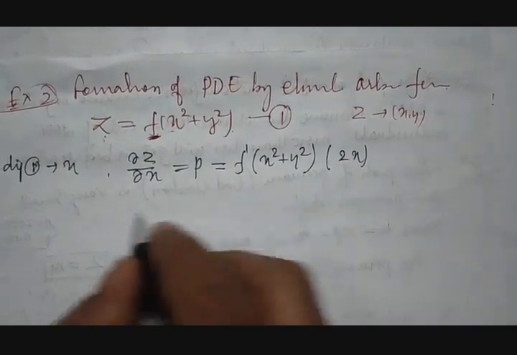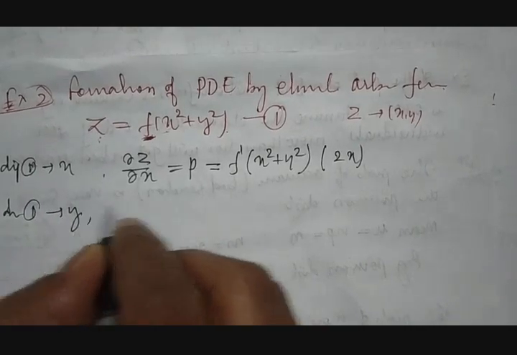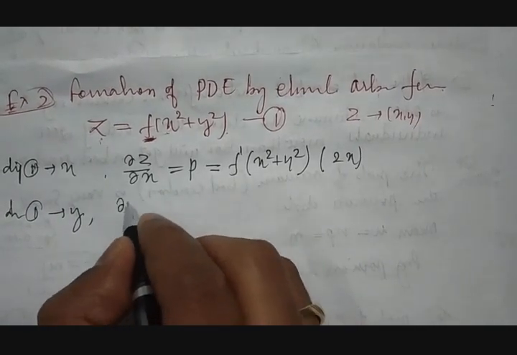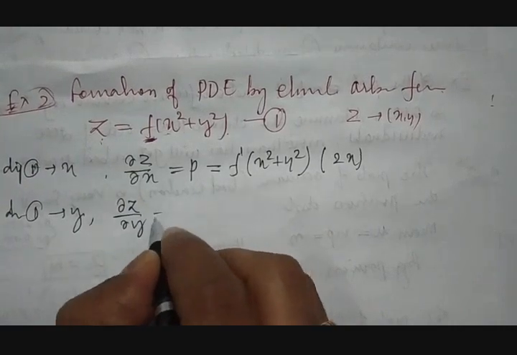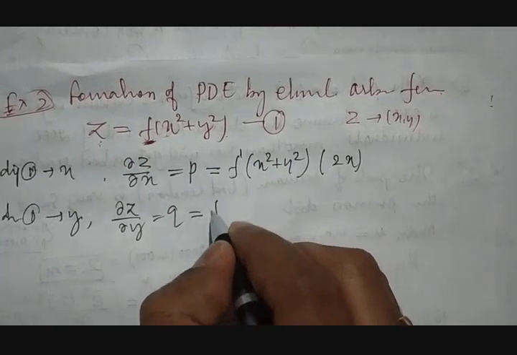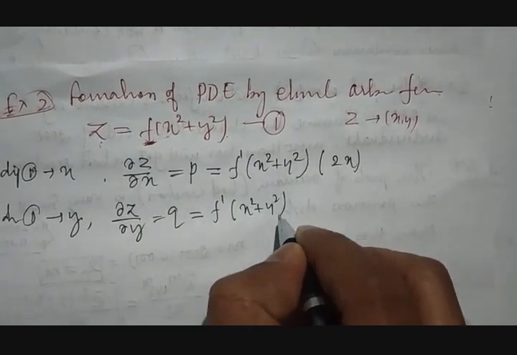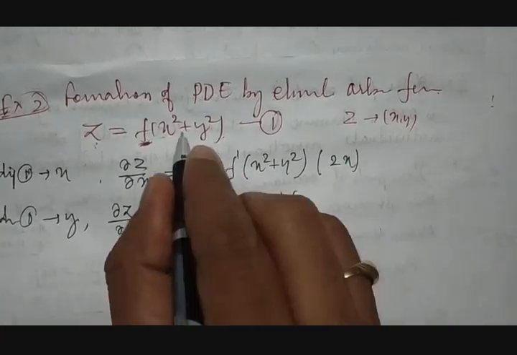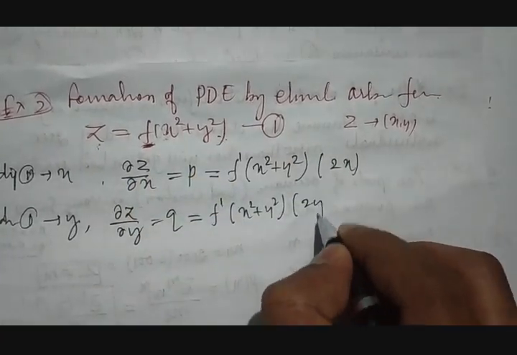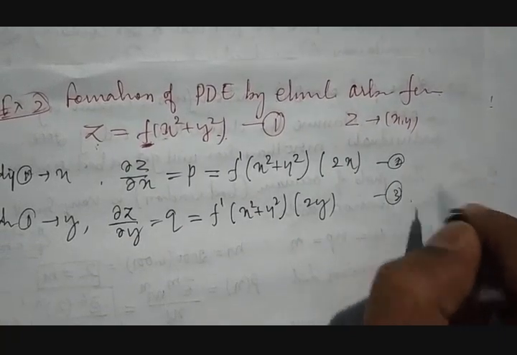Similarly, differentiate equation number 1 with respect to y partially. Then ∂z/∂y, notation q, is equal to f dash of x square plus y square into differentiation of this bracket, which is 2y. I call these equation numbers 2 and 3.